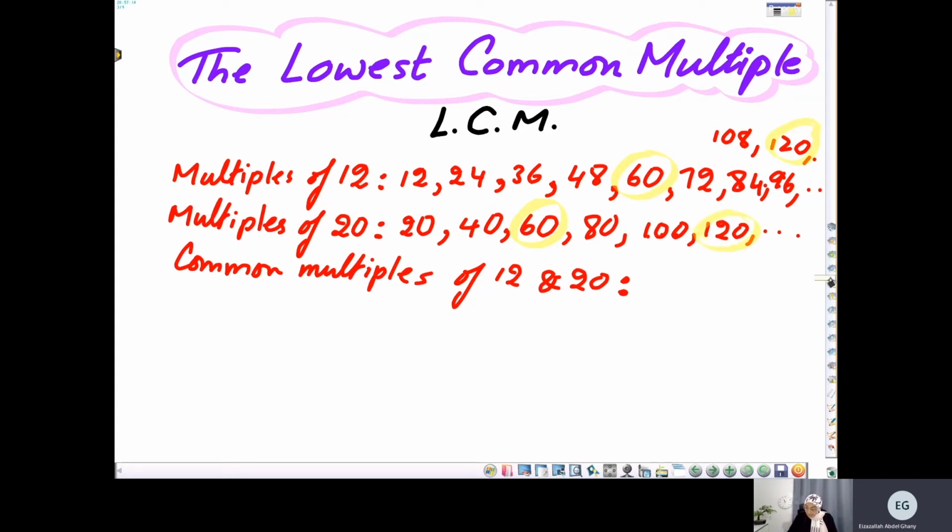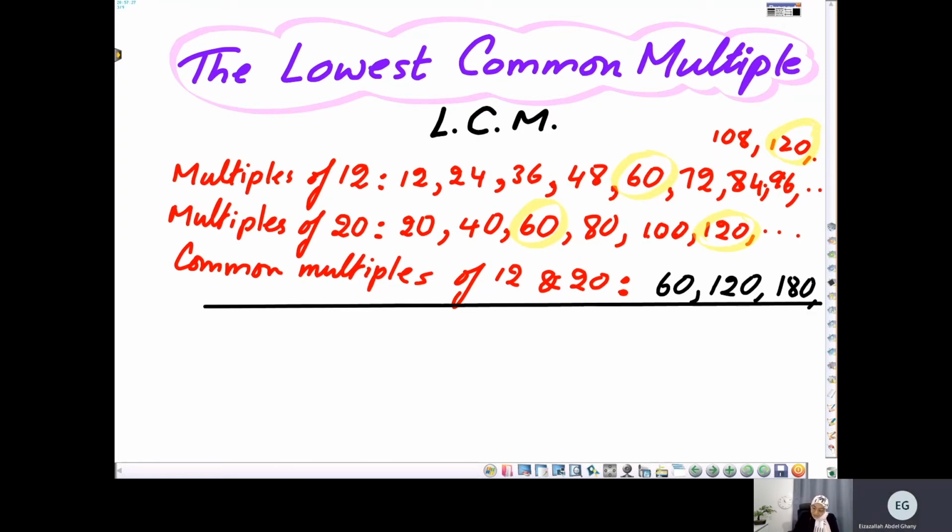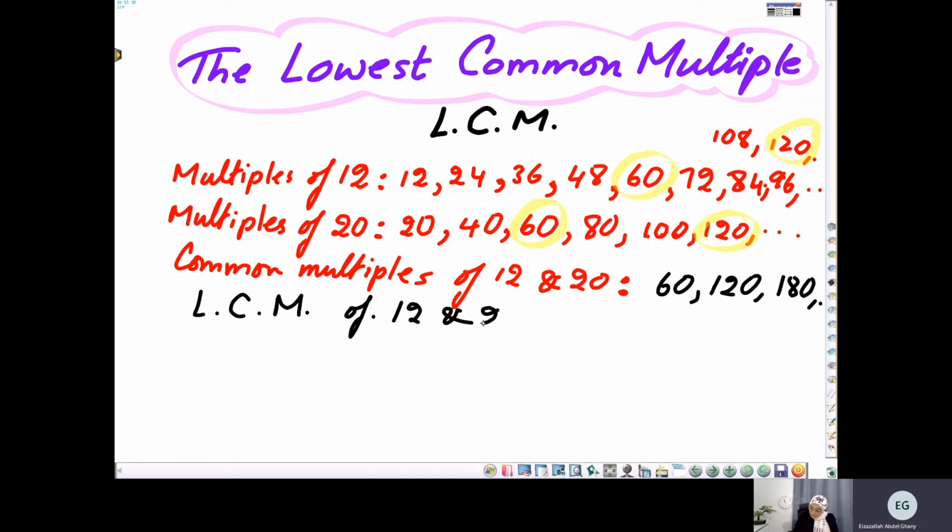I can just keep adding 60s: 60, 120, 180, and so on. But what is the lowest common multiple of both 12 and 20? The lowest one is 60.